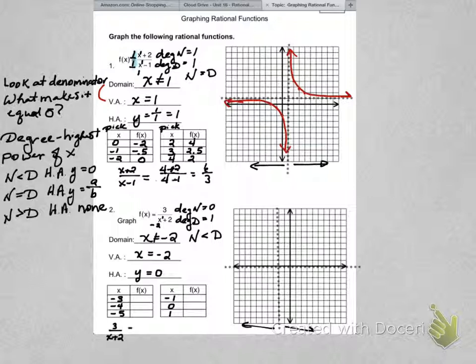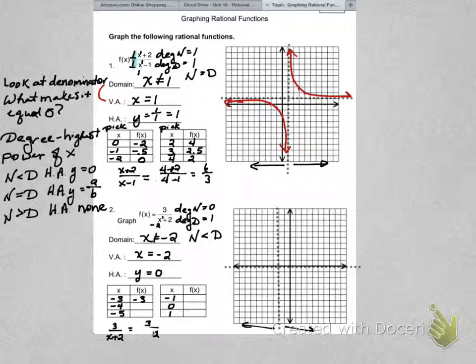So 3 over negative 3 plus 2 will be 3 over negative 1, or negative 3.